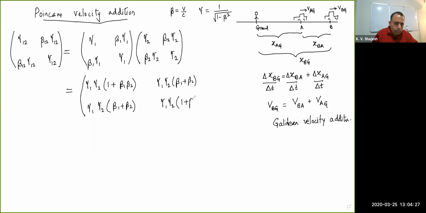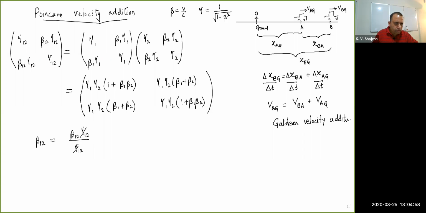If we have to get the relative velocity, if we're interested in beta 1,2, that's given by the ratio of the off-diagonal term, which is beta 1,2 gamma 1,2, over gamma 1,2.